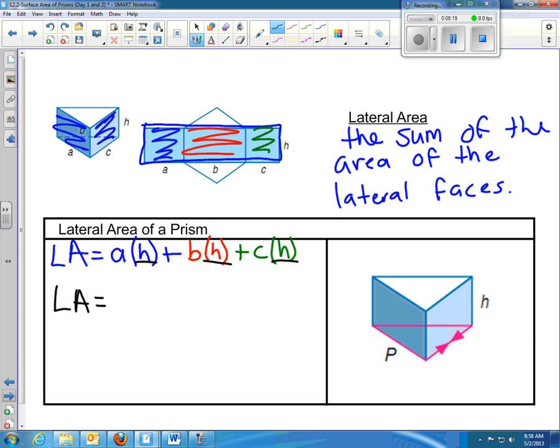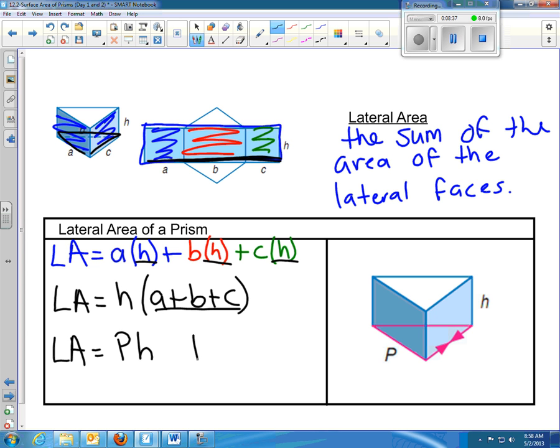So our lateral area is H times (A plus B plus C). Now A plus B plus C is actually the perimeter of our base. So we are going to say lateral area is perimeter times height. So jot down P is perimeter, or base perimeter. And you can see that represented right over there.